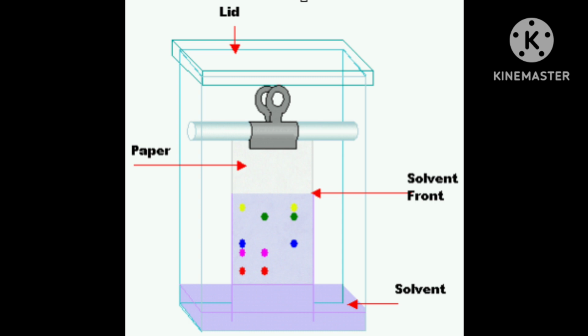Then you have to dip this plate, on which you have already put the mixture spot, near the mobile phase. The liquid solvent will be absorbed by this adsorbent, the solid phase, and it will move up.